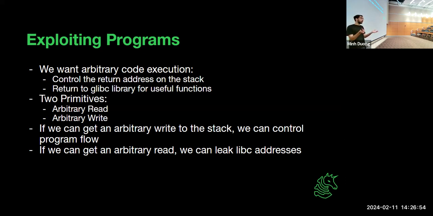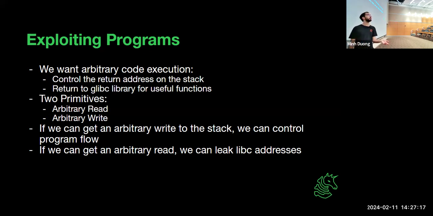So there's 2 primitives that you need to get there, and these are the strongest 2 primitives that you will work with. It's arbitrary read and arbitrary write. How do I read from an arbitrary position, and how do I write arbitrary data to an arbitrary position? If you have an arbitrary write to the stack, you can overwrite the return address.